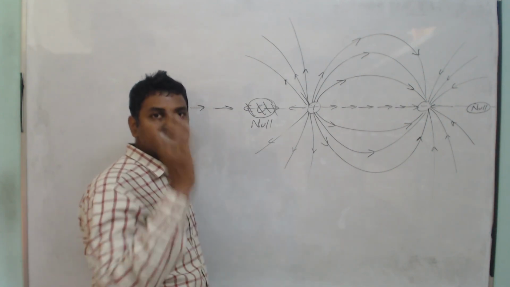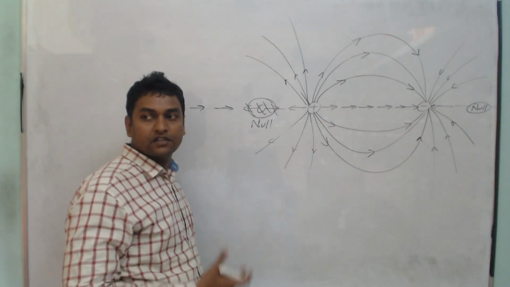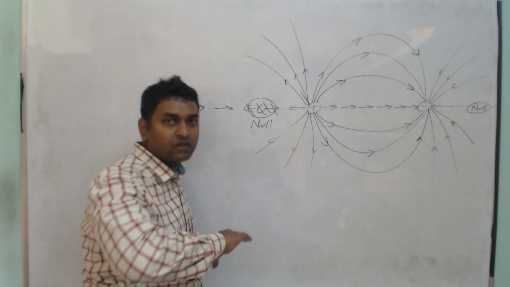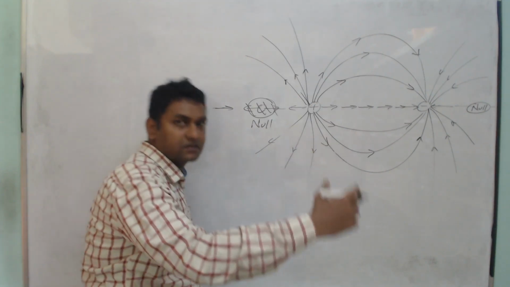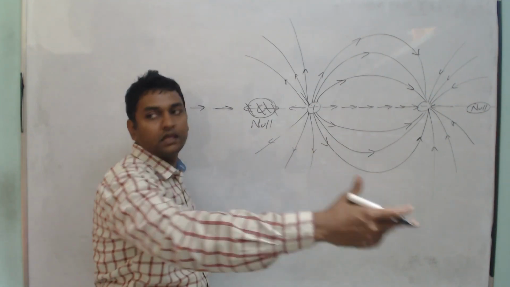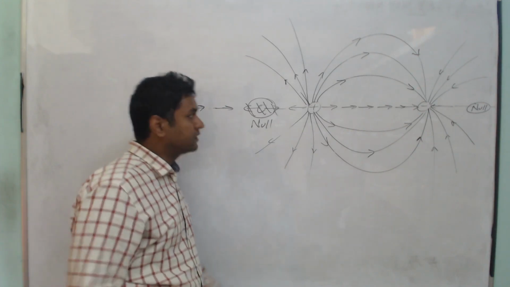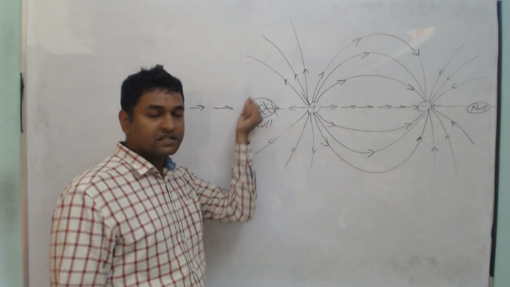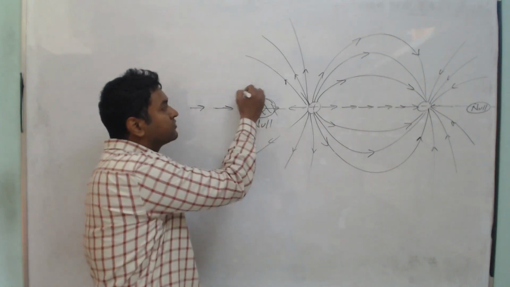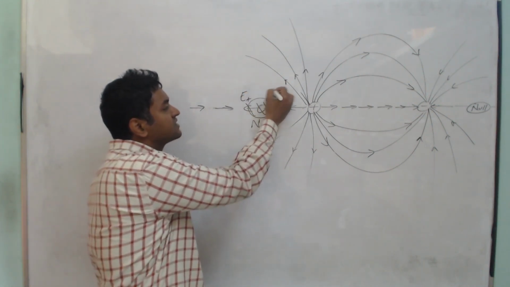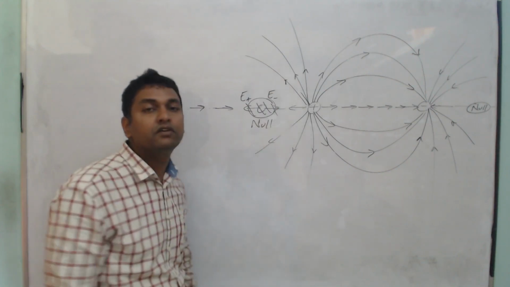If that train is going further ahead, it has to go in the opposite direction: -4, -3, -2, -1, 0, 1, 2, 3, 4, 5. So the only way this creates a null region is when the magnitude of the electric field due to the positive charge cancels the magnitude of electric field due to the negative charge.